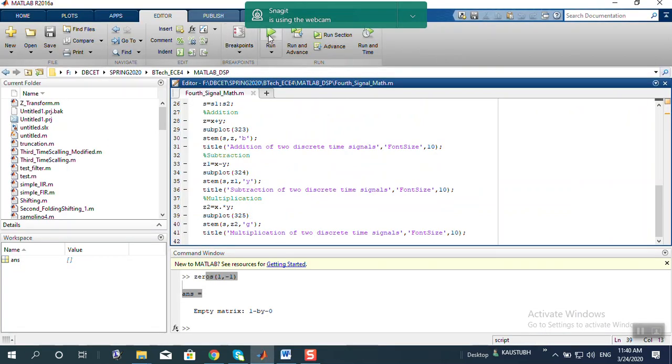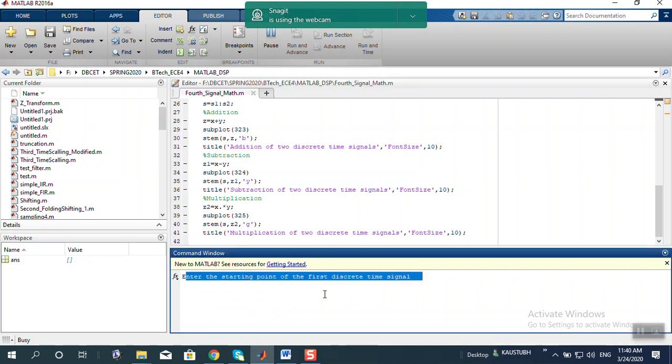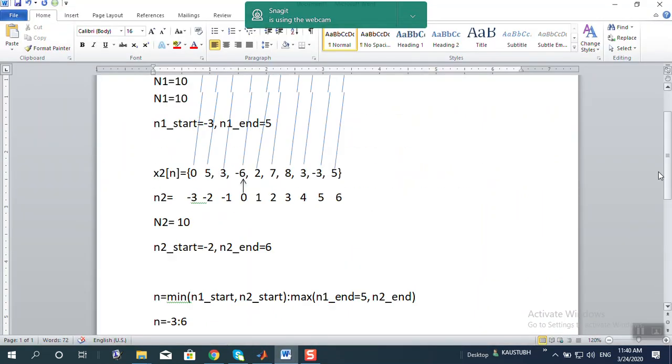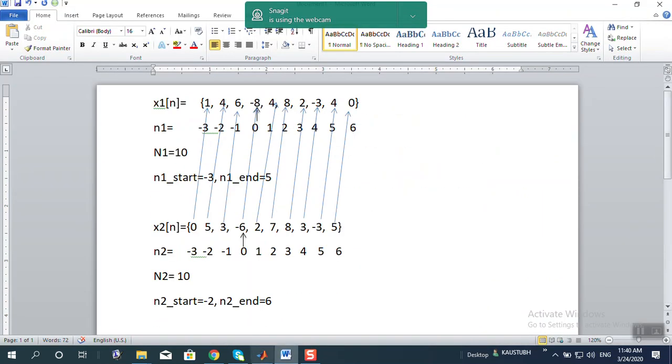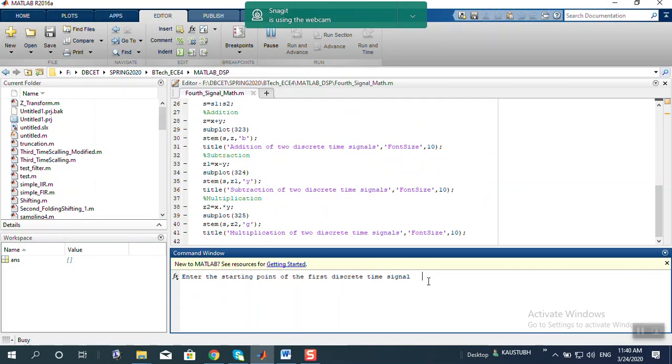So let us run it. As you can see here, enter the starting point of the first signal. Let us take the same example here. What is my starting point? Minus 3. So let us put minus 3 here. Then enter the signal values.